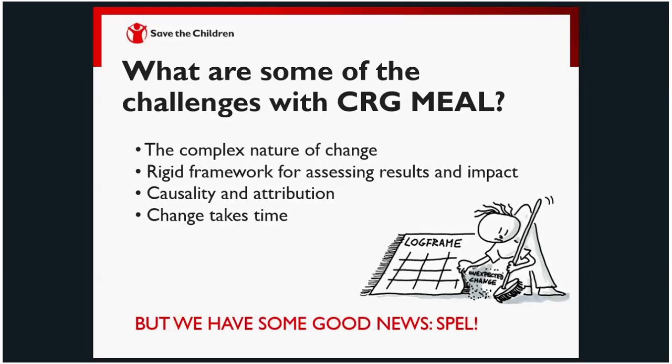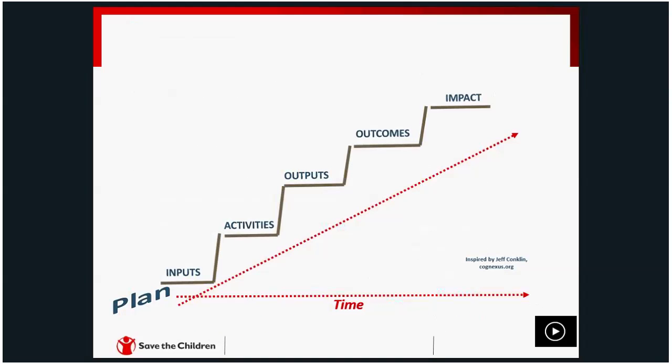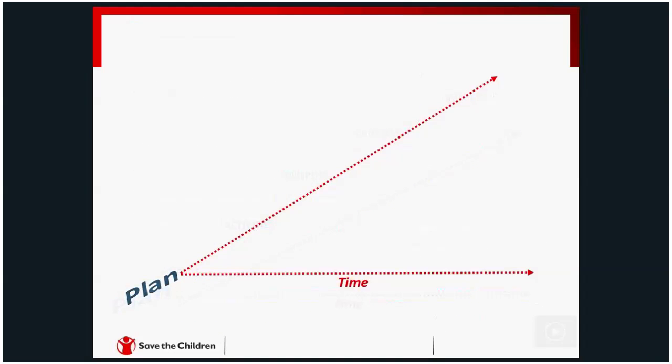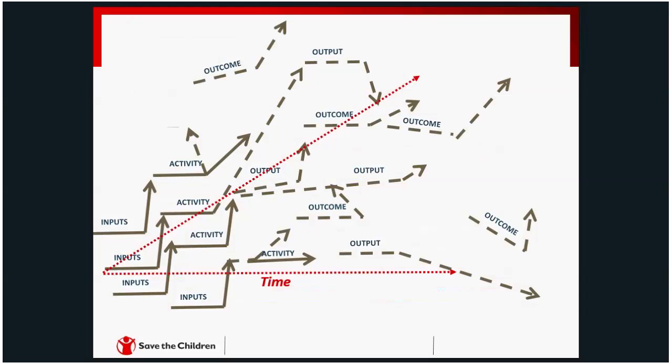Ansi, if you can change slides. You have an illustration here of how logframes lock programs in one pathway to change, with a linear causal relationship between inputs and activities which lead to a certain set of outputs, which lead to expected outcomes and expected impact.